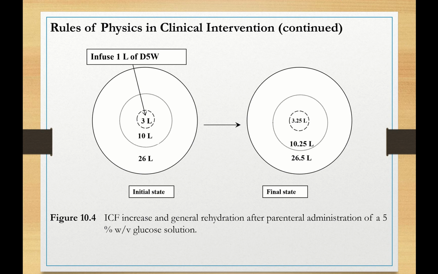Now what would happen if you infuse 1 liter of D5W? Now dextrose can get inside the cell. So you're infusing an isotonic solution. This is isotonic, right? Some of it, of course, partitions into the cell, and because it is isotonic, it doesn't really cause any shifts, but you have administered 1 liter of excess, right? So this 1 liter is distributed.